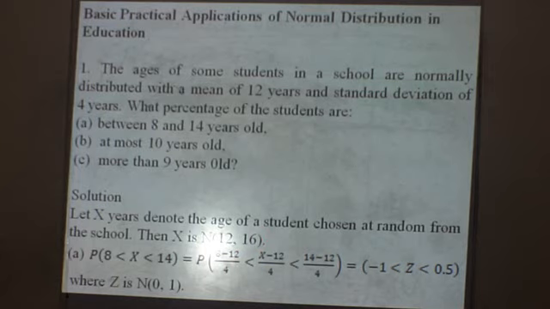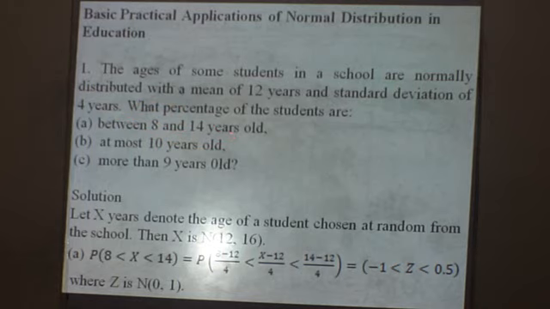Don't forget, we were given the standard deviation here to be 4. So in the case of random variable, we have to convert it to variance by taking the square of 4, and that gives us 16. So with this, we are to find the probability of 8 being less than x and x being less than 14. That's the probability of the student falling between 8 to 14 years.